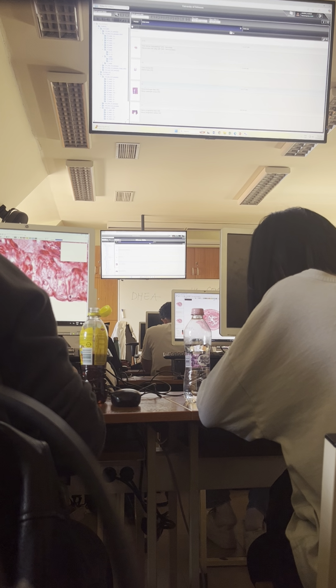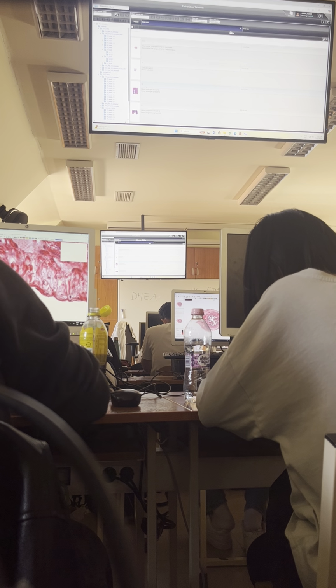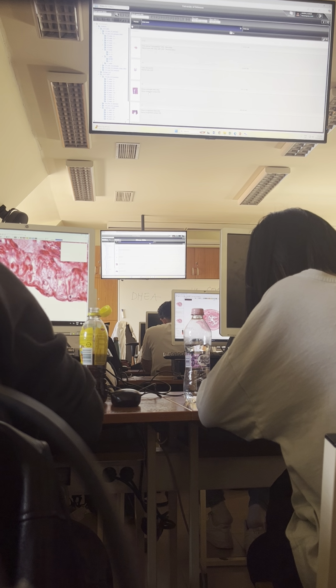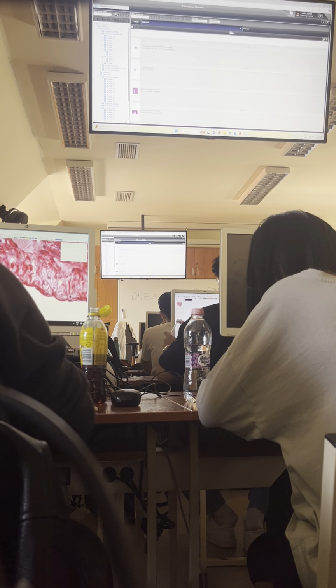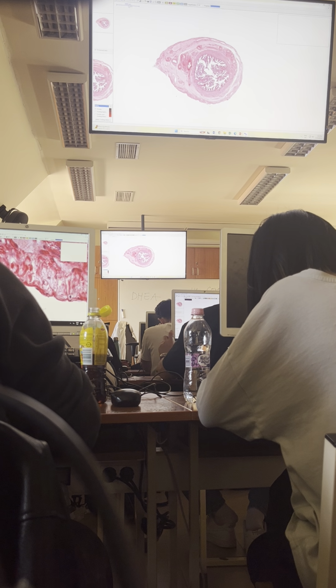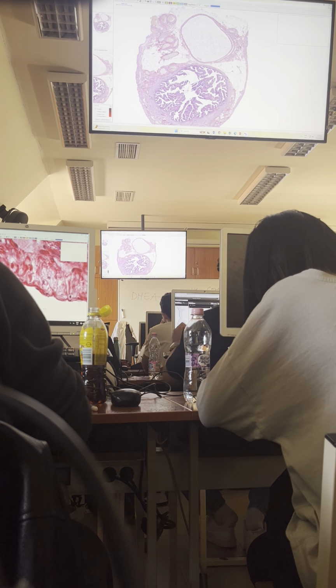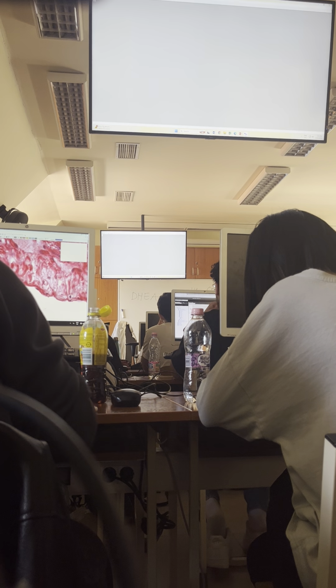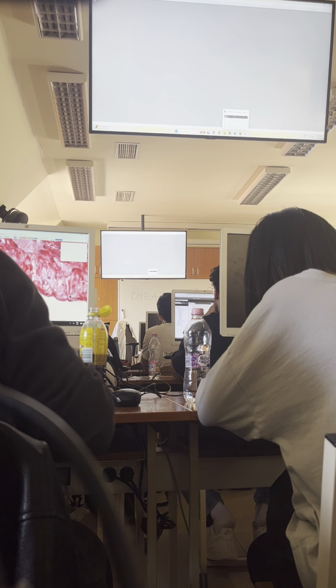So next we have two uterine sections. Again, one from the estrogen phase, the other one from the progesterone phase. So I'm going to open both because we need to compare them and learn how to find out which phase they are in.